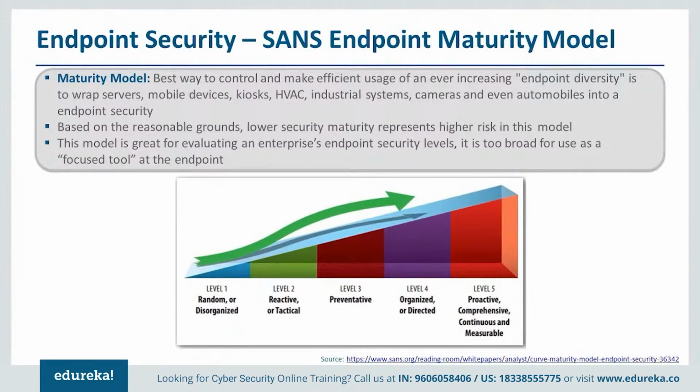They won't have proper patching in place. Reactive or tactical, they will have some kind of AV or a minimal level of security in place. Preventive, they are good. They will be in between no security and a high security posture. Organized and directed are almost close, but the only thing is the top management will not be directly involved in the infrastructure security or the enterprise security level.